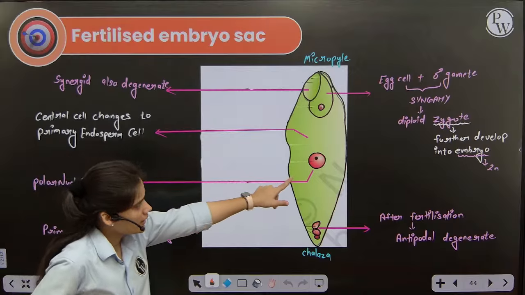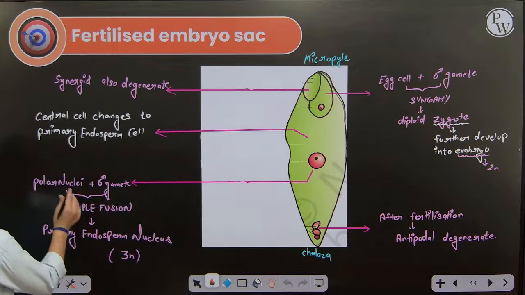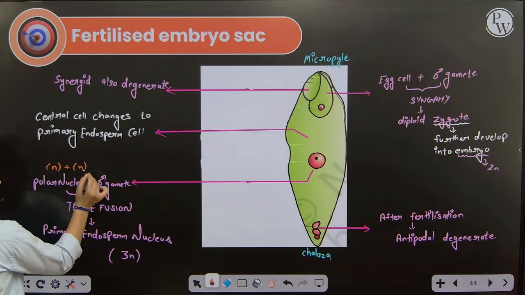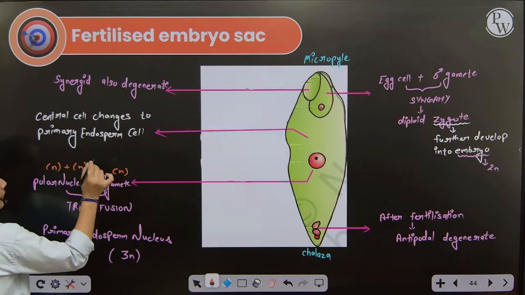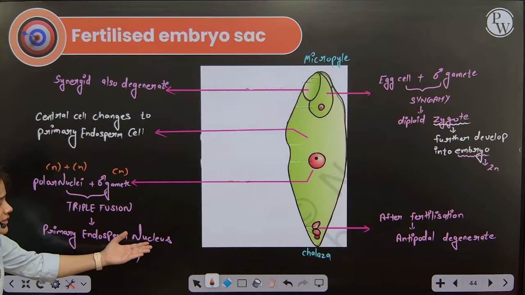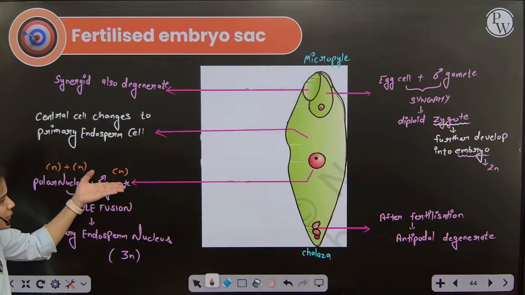What about here? Initially, polar nuclei are present. These polar nuclei fuse with the male gamete. Triple fusion takes place, and as a result the primary endosperm nucleus is formed. The primary endosperm nucleus, PEN, is triploid, 3n.